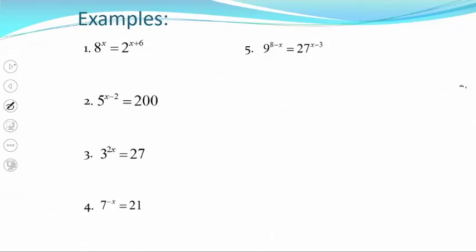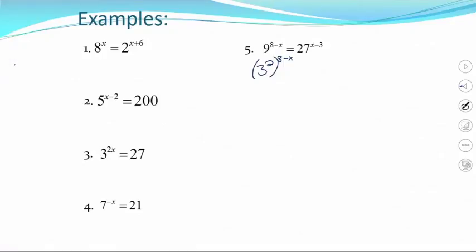So 9 is the same as 3 squared, so we're going to change that to 3 squared to the 8 minus x. And then equal to 27, which we're going to write as 3 to the third, to the x minus 3. All right, so now they both have the same base. These exponents here, we have to multiply together. So 2 times 8 minus x, we distribute.